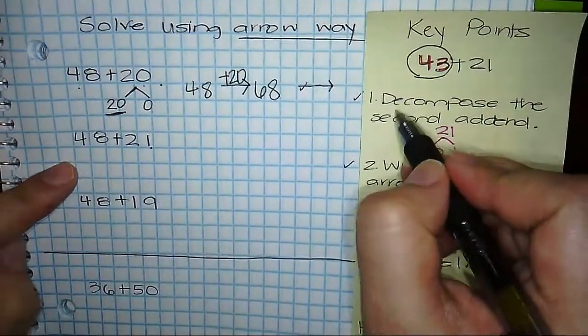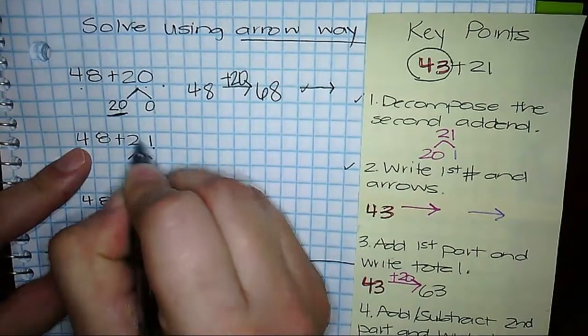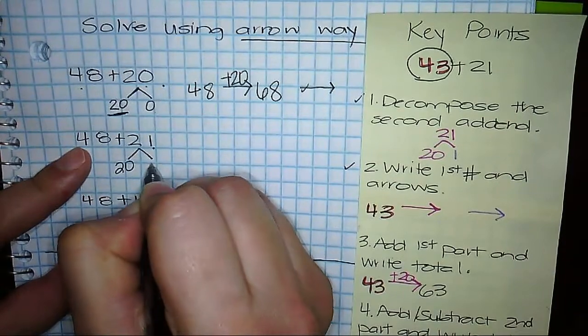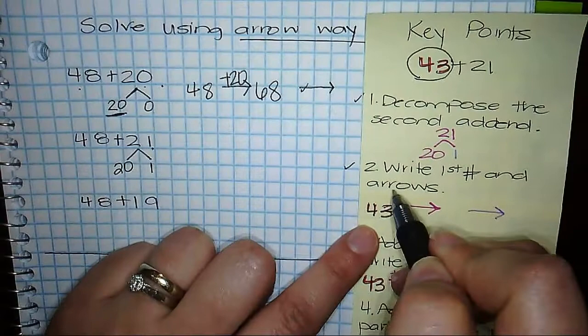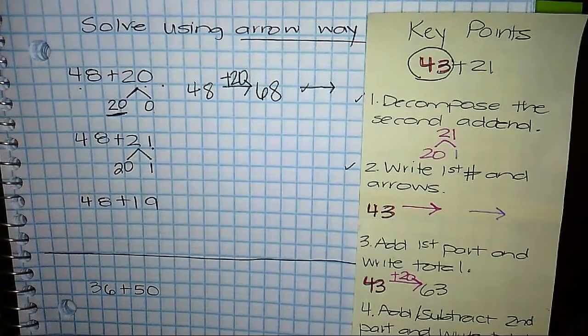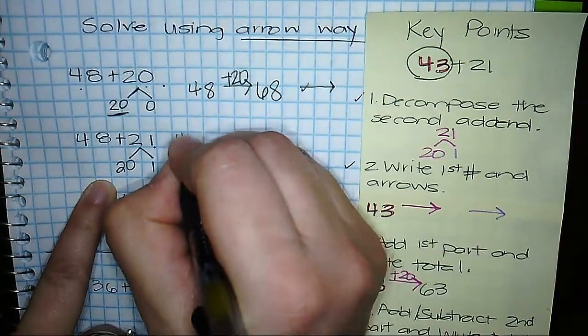So remember, key point number 1, decompose the second addend. I break it apart: 20 and 1. When I break it apart, I can put 20 in one part and 1 in the other part. Key point number 2 says write the first number and the arrows. So I write 48.